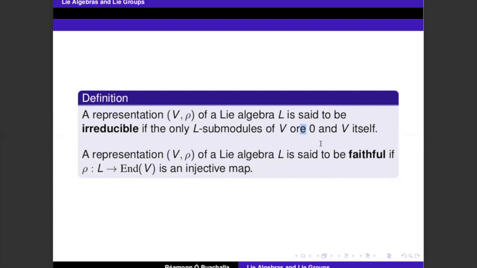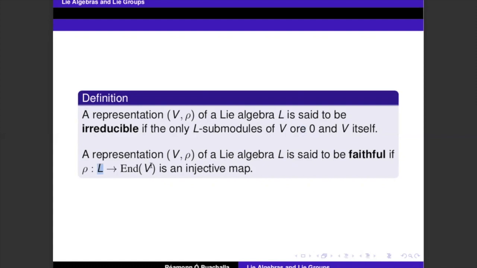And a representation of L is said to be faithful if the map rho from your Lie algebra to the endomorphism ring of V is an injective map. Okay, that means that you can identify L with rho of L inside here because it's a linear isomorphism.